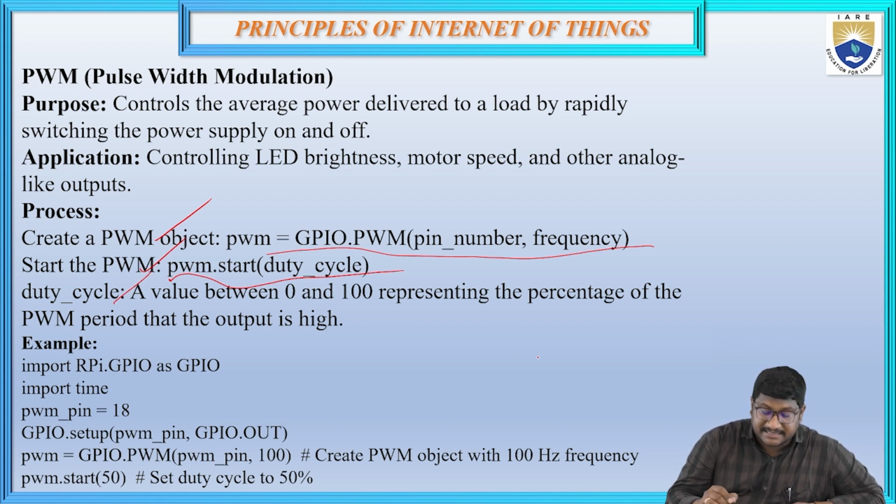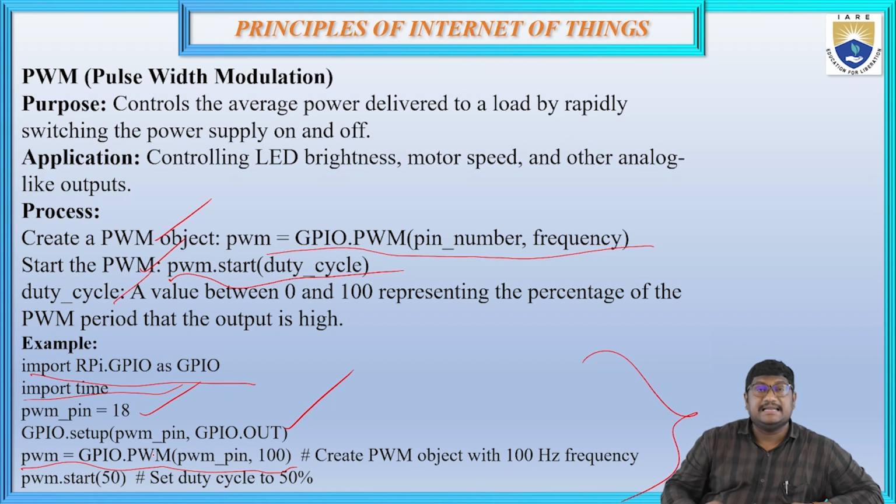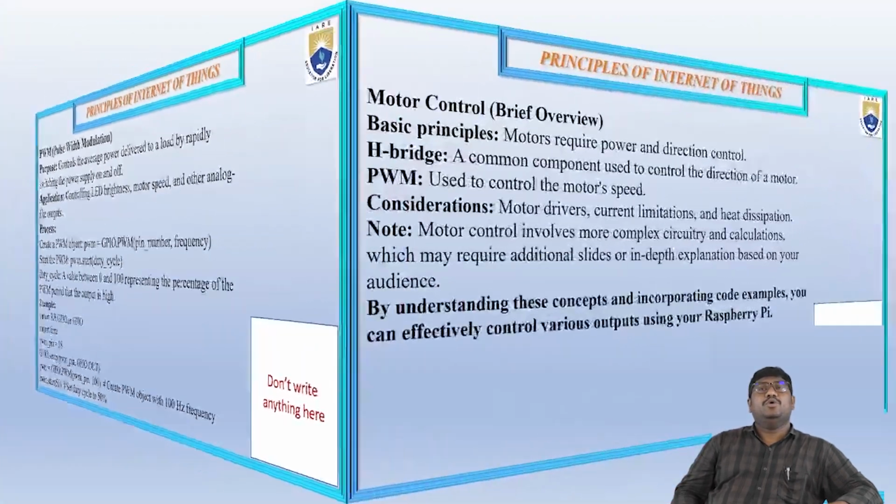If you observe this example, a library was imported, I have imported time and set my pin number, and afterwards I started with GPIO output, which is set up, and after that PWM on P1, which is PWM on pin 100, and I started with PWM1 start 50, where the duty cycle is set to 50 percent. It should be set between 0 and 100 percent only.